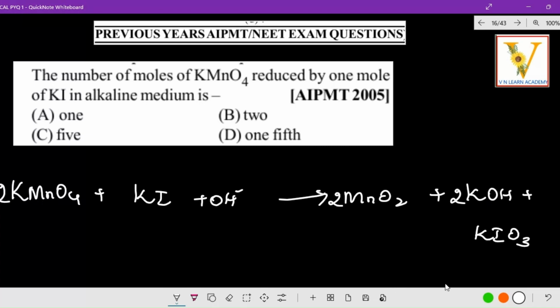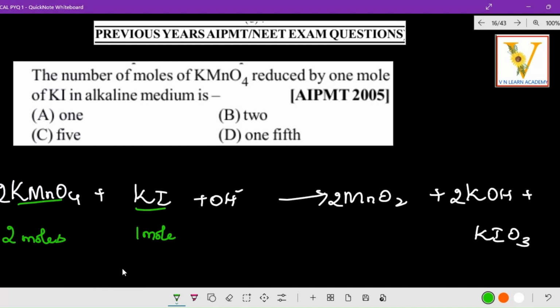Now let me identify how many moles of potassium permanganate react with potassium iodide. Here 2 moles of KMnO4 are reduced by 1 mole of potassium iodide. So 1 mole of KI reacts with 2 moles of KMnO4.